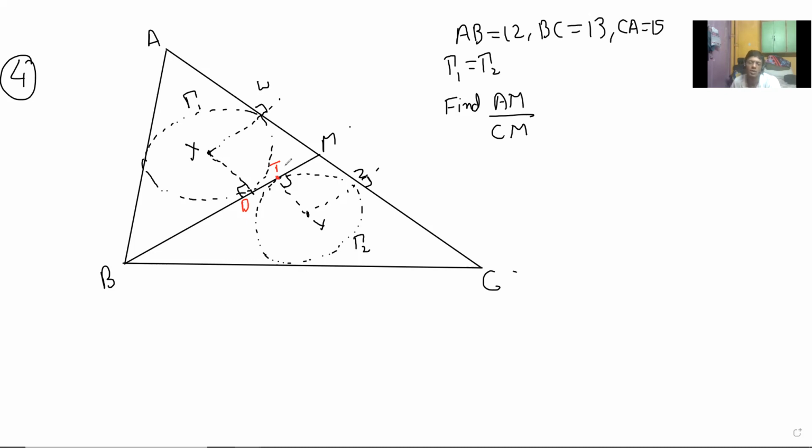Yeah, exactly. That is what we, but we don't have that. So then how do we do this? Is there a good way to do this problem?